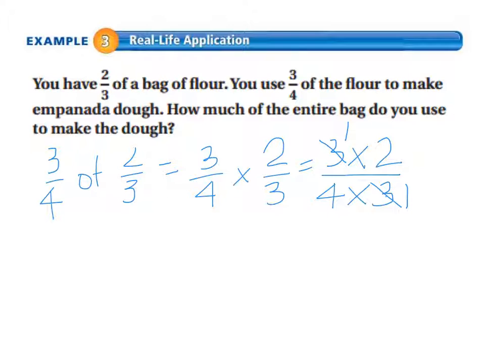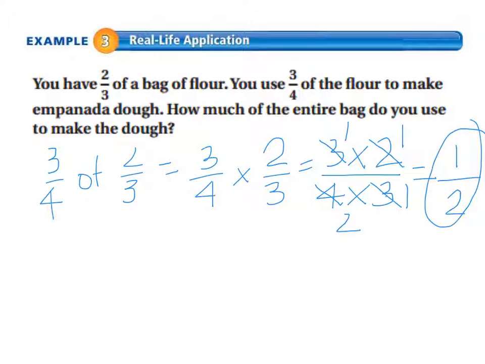And then 2 and 4 have a common factor of 2, so I can divide by 2 over 2. Dividing 2 by 2, I would get 1, and dividing 4 by 2, I would get 2. Now I have 1 times 1 is 1 on the numerator, and 2 times 1 is 2 on the denominator, which tells me that how much of the entire bag do I use? I use half the bag.